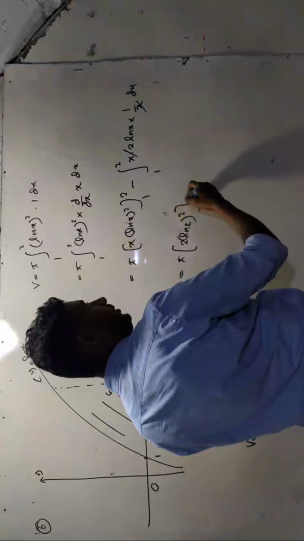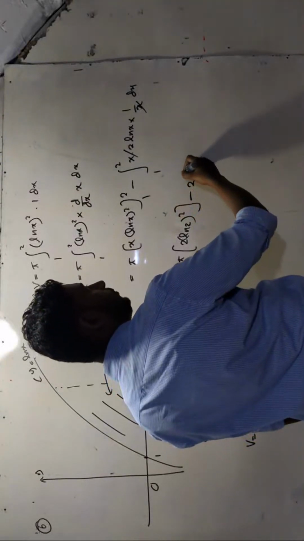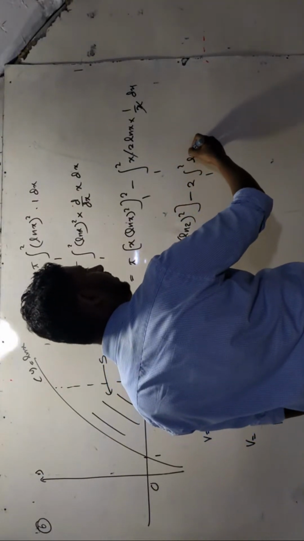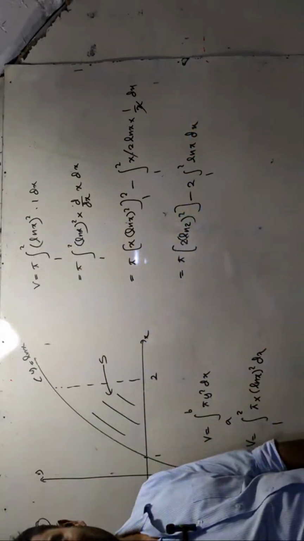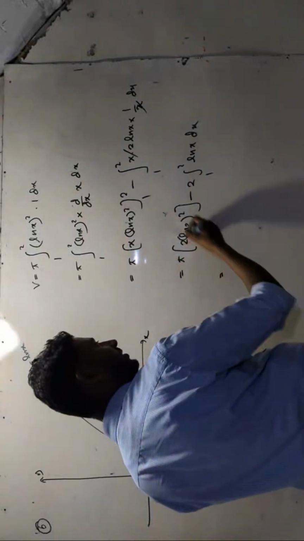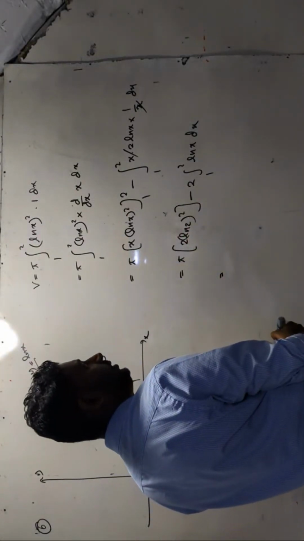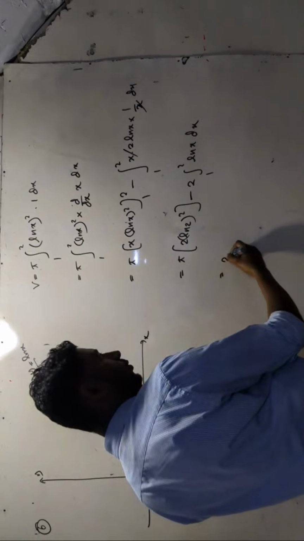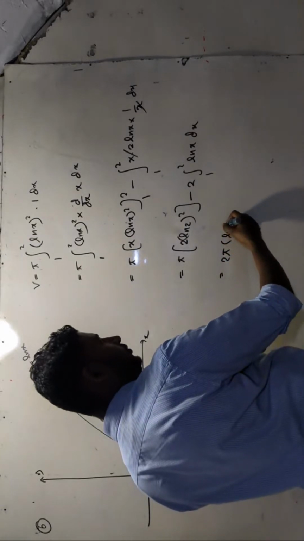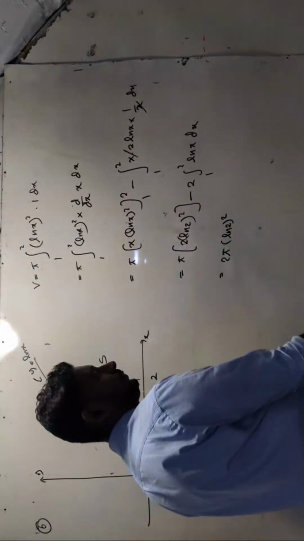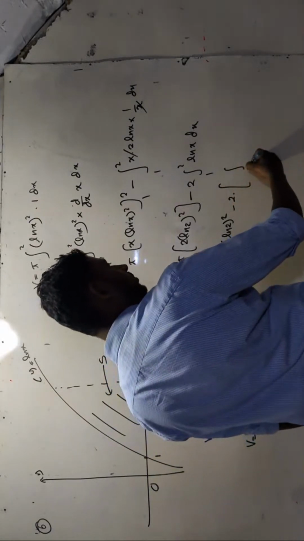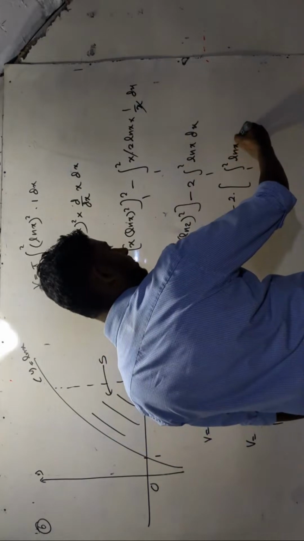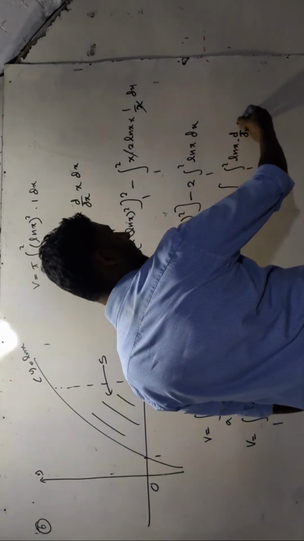Right. Now minus, you can take out 2, the integral from 1 to 2 again, ln x dx. Again, you need to apply the integration by parts method again. Okay? So that's a very long question. Right. So here, what is the answer? 2 pi ln 2 whole squared minus 2 into, again here, the integral from 1 to 2 of ln x, d over dx of x, dx.